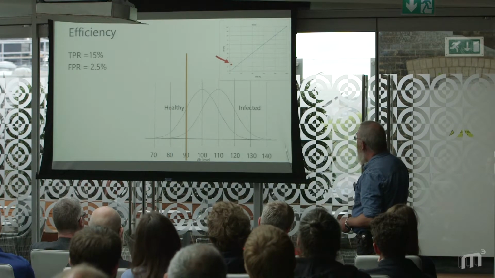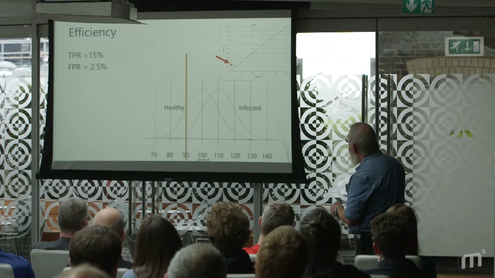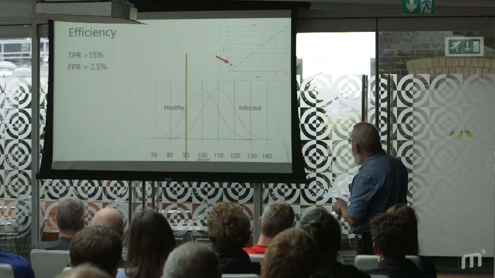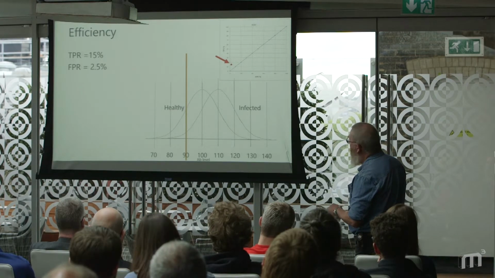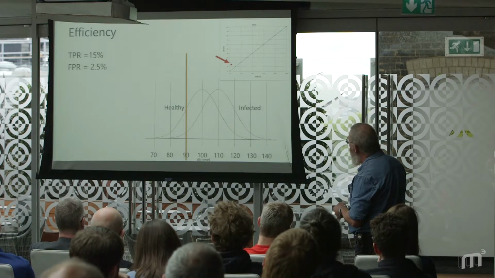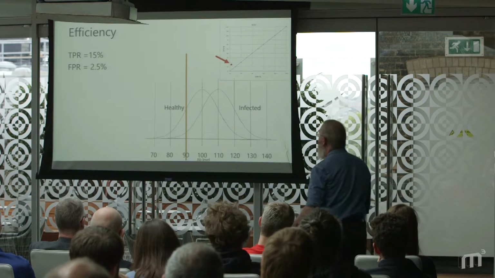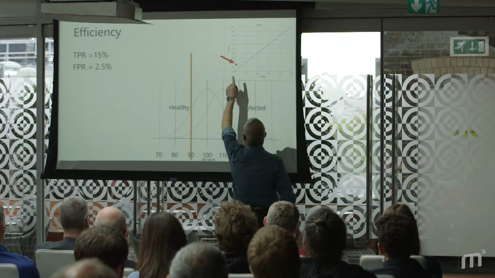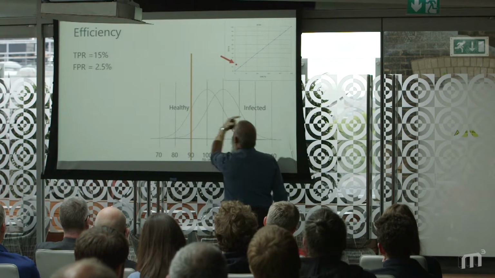So as we go through, we're getting more of these guys. So the FPR is going up, so we're going up there, and we're not going very far along there, because it's only these guys who are moving us along that line. So one way to think about it is these guys are moving us up, and these guys are moving us that way.